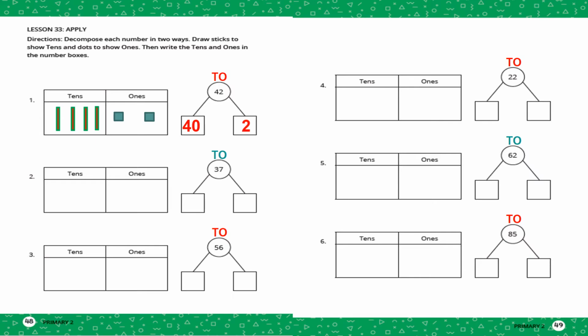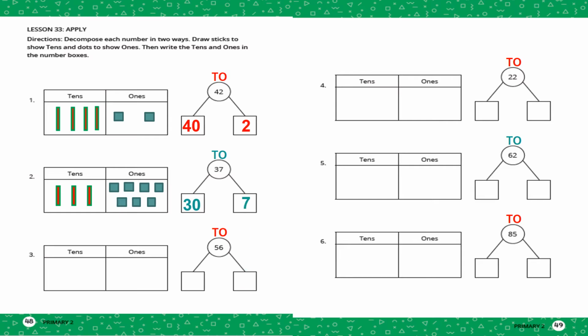Number 2, 37. Let's draw sticks in tens and small squares in ones. How many numbers do we have in tens? 3. So we will draw 3 sticks in the tens box. How many numbers do we have in ones? 7. So we will draw 7 small squares in the ones box. Let's decompose 37. 3 in tens, it will be 30. 7 in ones, it will be 7 as it is.